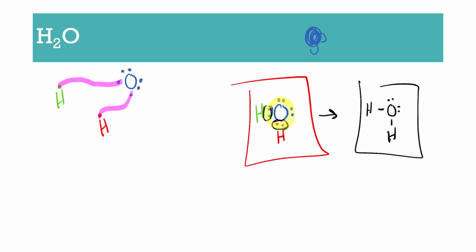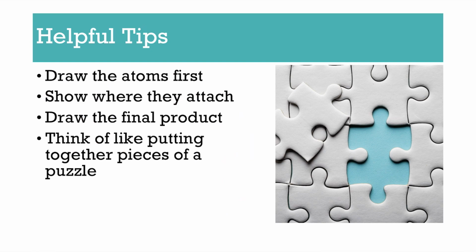So let's go back to the helpful tip page. So another helpful tip is that the number of lonely electrons equals the number of bonds or lines it can make.